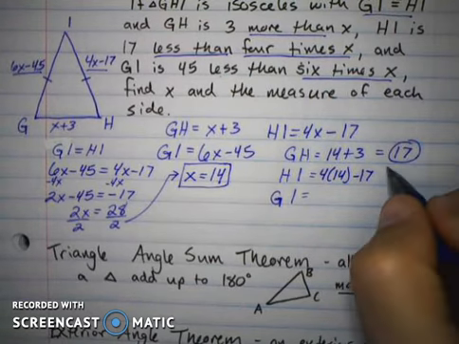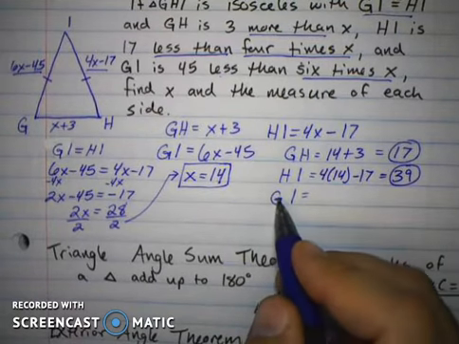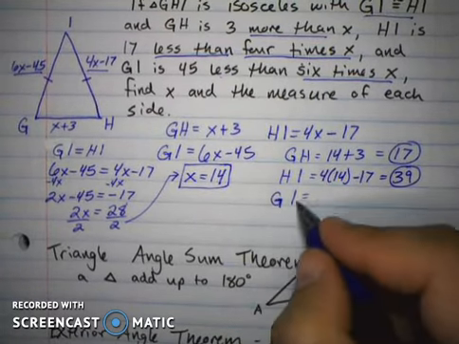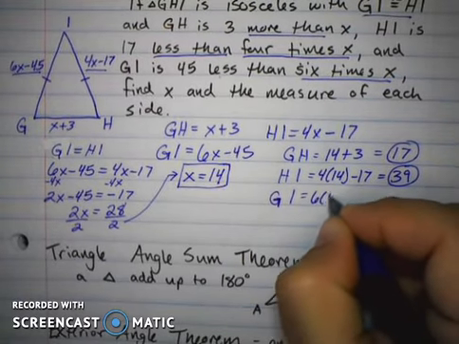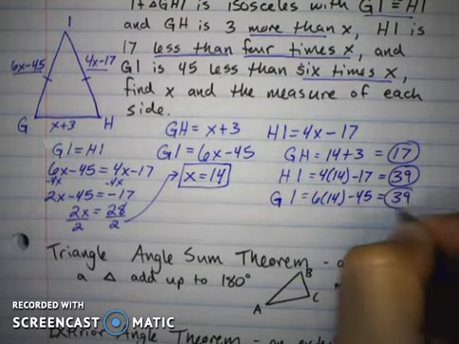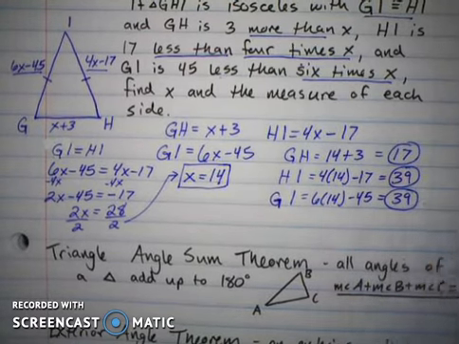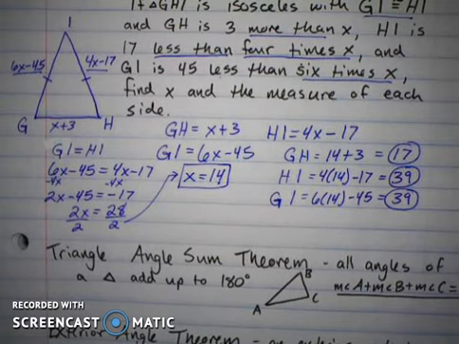And we get 39. And for GI, those are congruent to each other. Even if you want to plug it in, 6 times 14 minus 45 will still equal 39. So those are our side lengths. All right?